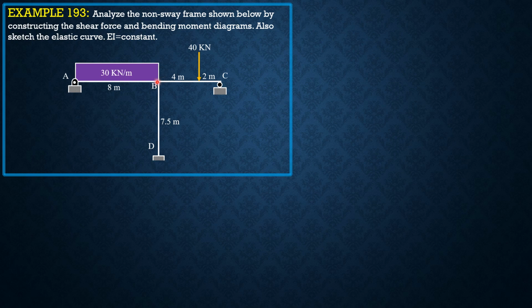Then plus the fixed moment at B minus the fixed moment at A. The fixed moment at B is positive while that at A is negative. So minus 1/2 the fixed moment at the far end.